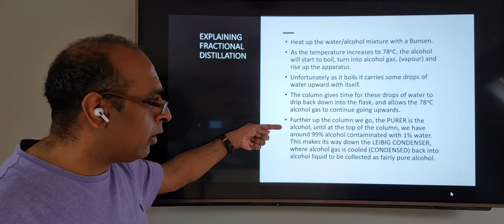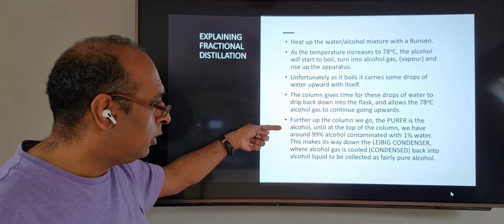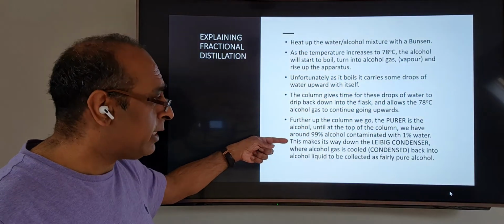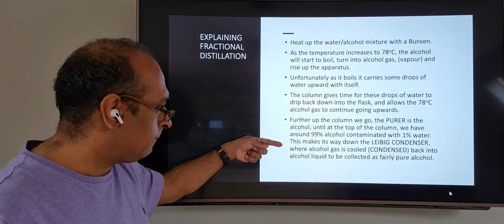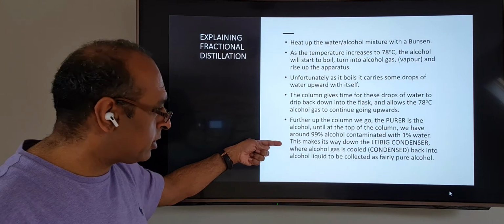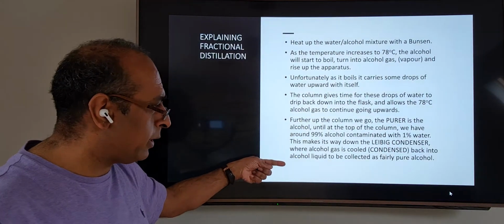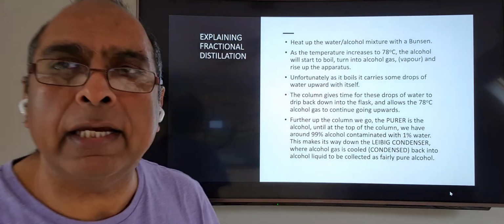Further up the column we go, the purer is the alcohol, until at the top of the column we have about 99% alcohol contaminated with 1% water. This makes its way down the condenser, where the alcohol is cooled, condensed back into the alcohol liquid to be collected as fairly pure alcohol.